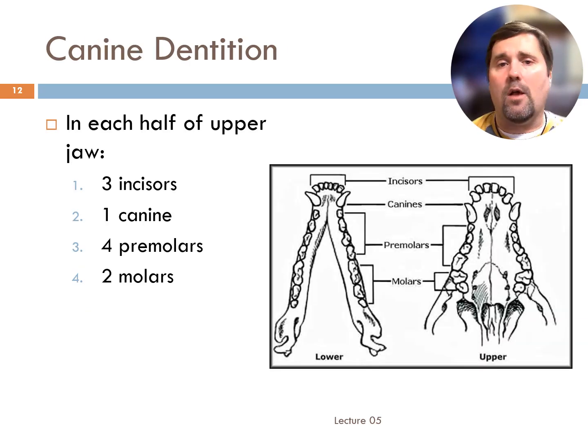In their upper jaws, dogs have 3, 1, 4, 2. So humans and baboons share the derived trait as well as the ancestral trait. Dogs share the ancestral trait, but not the derived trait. So we're more closely related to baboons than we are to dogs.